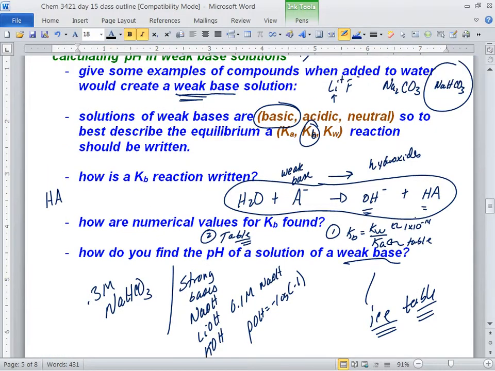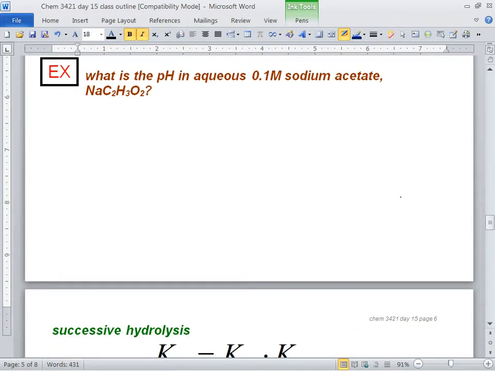Right. So here it is. We have sodium acetate. What is the pH? Sabina, how can you write that Kb reaction? How would you do that? Yeah. And it's nice. See how she left out the sodium? Because it's not going to do anything. It makes it easier.